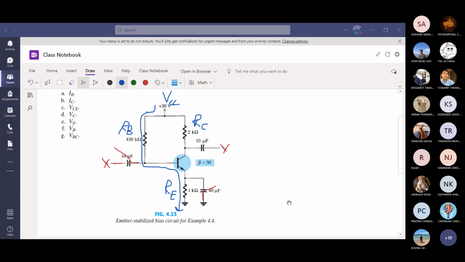Sorry, Ajahn, can you please repeat that again for IB? VCC minus VBE divided by RB plus beta plus 1 in the bracket multiplied by RE. So you're basically taking 20 minus 0.7 divided by 430 kilo ohm plus RE, here 1 kilo ohm, times 51 because beta is 50.